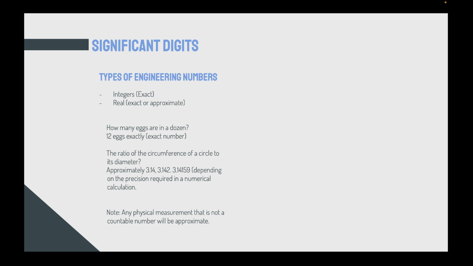Okay, now the ratio means circumference divided by diameter. So I would say, well, that's approximately, which is the pi in this case, approximately 3.14 you could go more detailed. You could say 3.142. You could say 3.14159. All depends on the precision that you require in your numerical calculation.